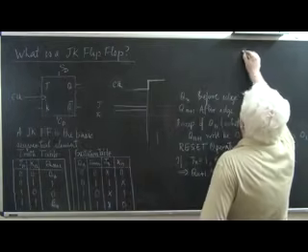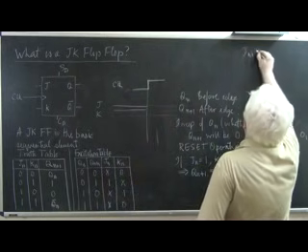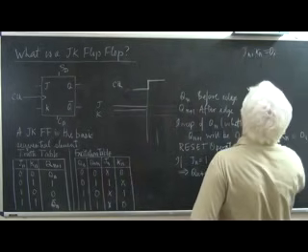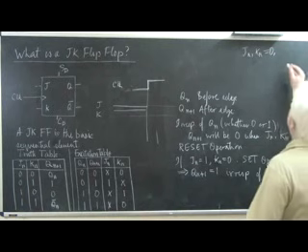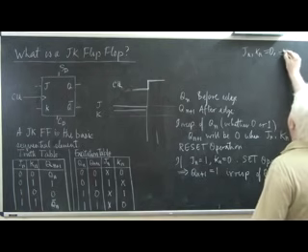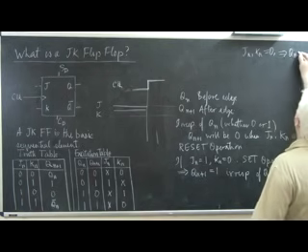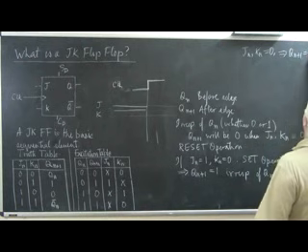So if Jn and Kn are both equal to 0, then the output Qn plus 1, output subsequent to the next clock edge, remains unchanged. That is to say, Qn plus 1 equals Qn.